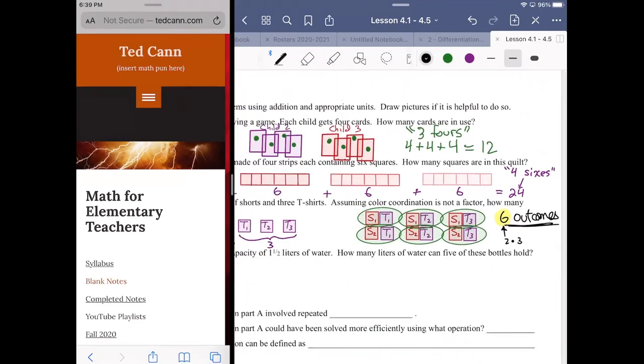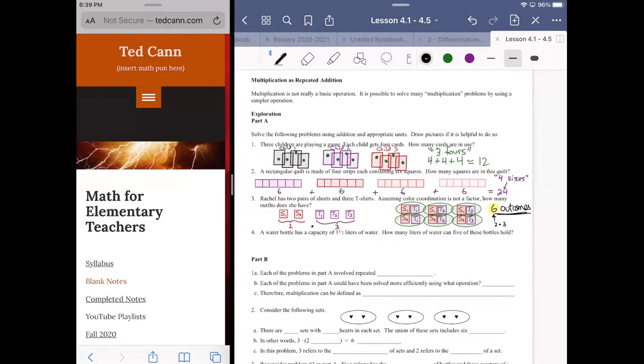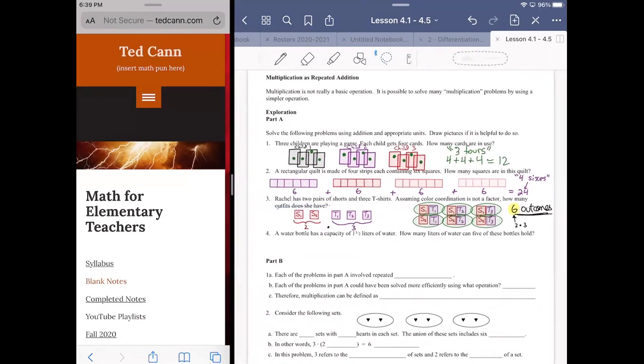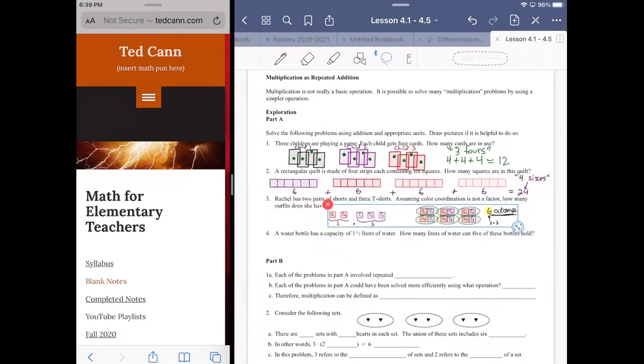Now, the bigger question is, okay, how could we have understood that without having to draw all this stuff out, right? So that's where a verbal understanding kind of comes into play. So we have a computational, we have a visual. We definitely got a visual. I certainly took my time with that, to a fault.